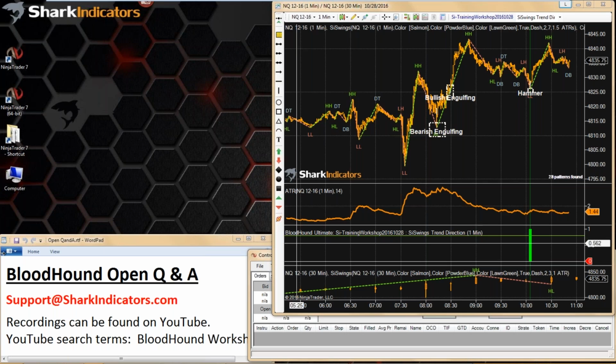So the question is, let's say yesterday the last signal was a short signal, and so the signal blocker is blocking short signals now, and is only going to allow a long signal to come through.